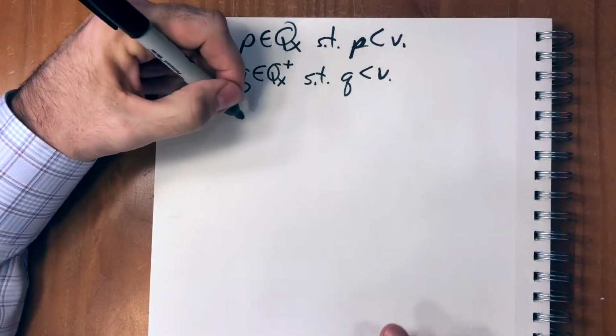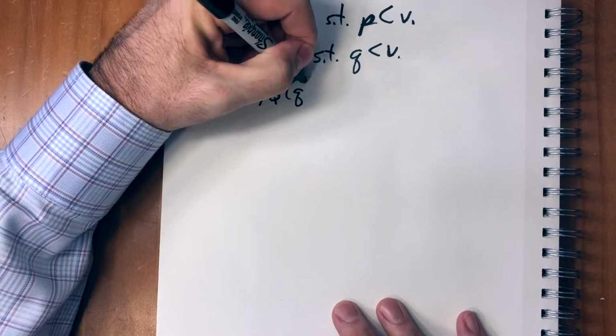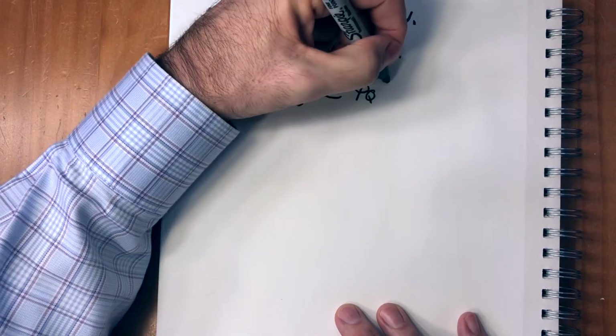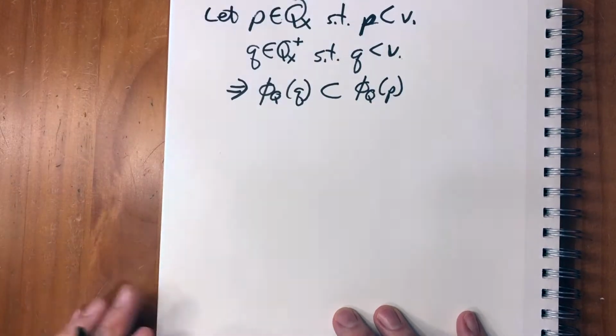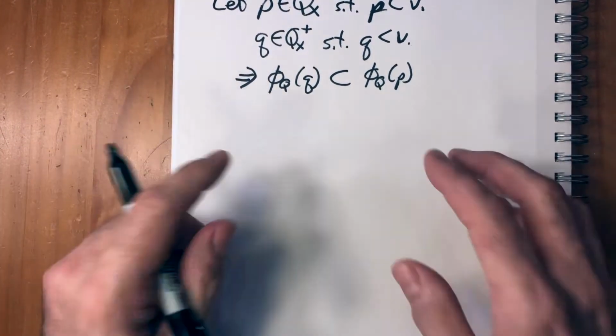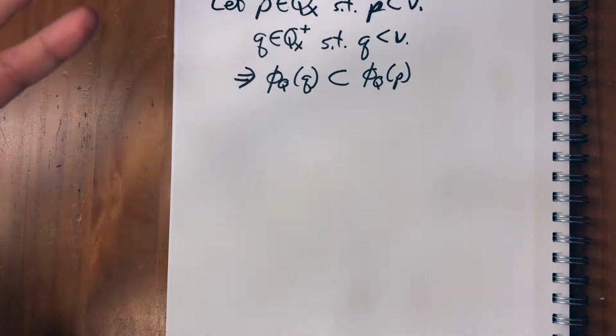So that means then that the set of all phi_q(q) is a subset of the set of all phi_q(p), right? Because these are only positive and this is all of them. So we basically just extended our positive all the way to include the negative. So now we can talk about Dedekind cuts.